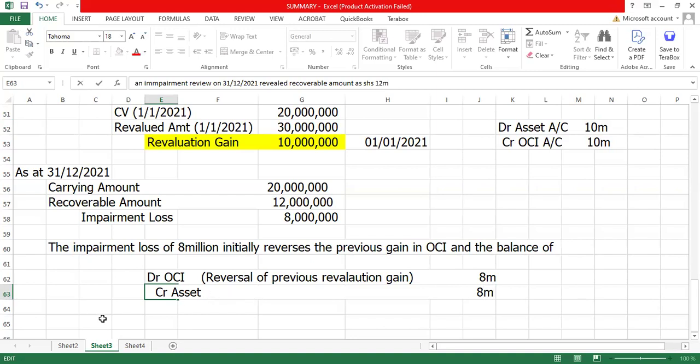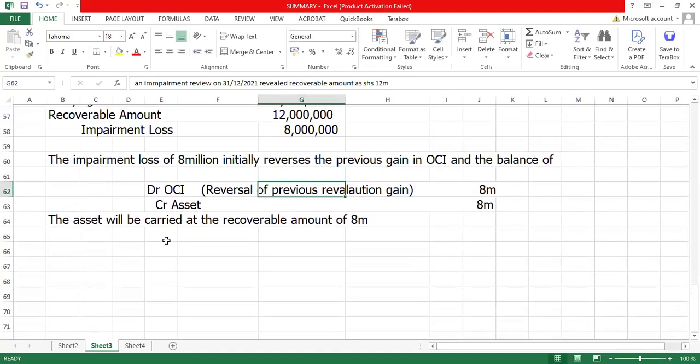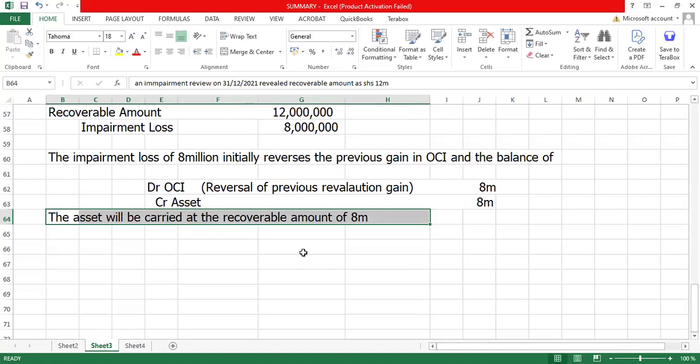So what does that mean? It means that in your records the asset will be carried at the recoverable amount. That's what you do.